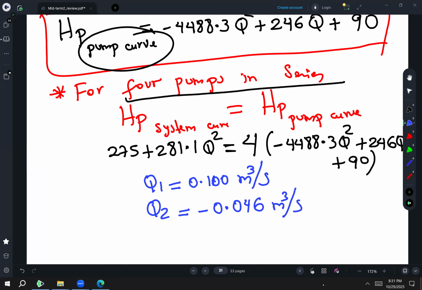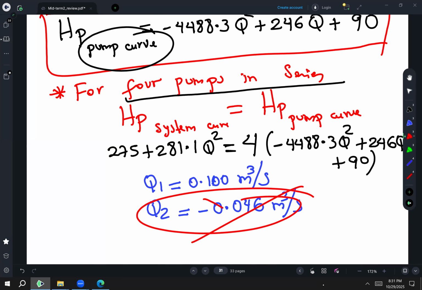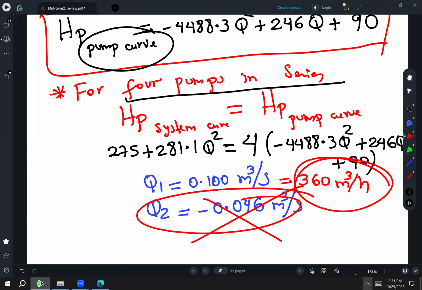Of course, the flow has to be positive, so this is not possible. So the flow will be 0.1 cubic meters per second, right? If you want to convert this to cubic meters per hour, we have to multiply by 3,600, and that will be 360 cubic meters per hour. That will be the flow.